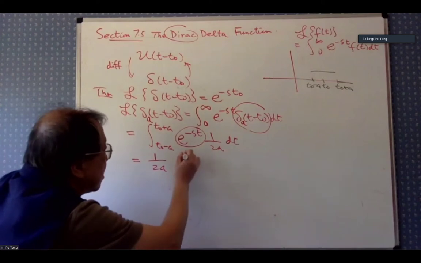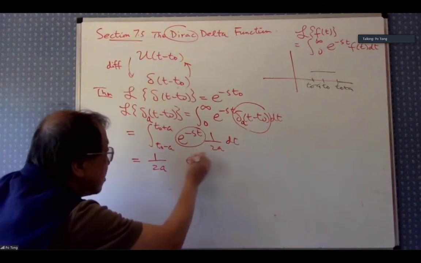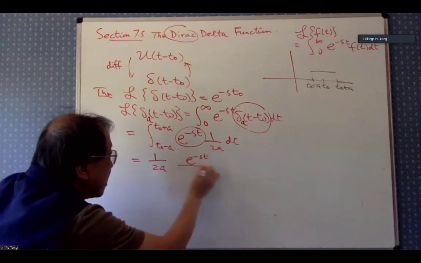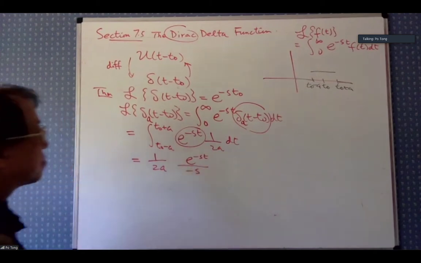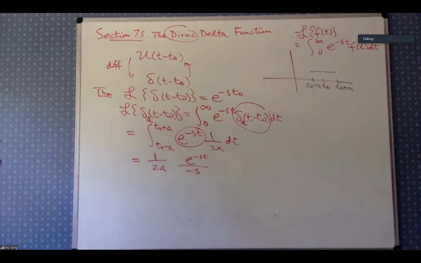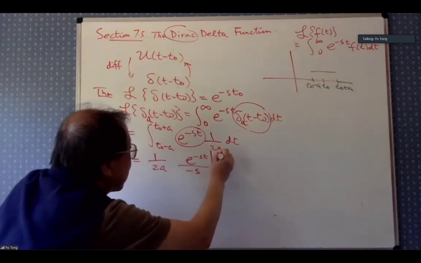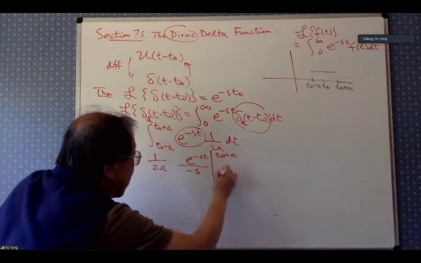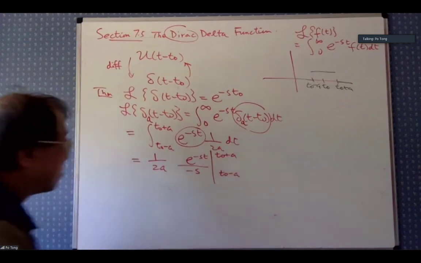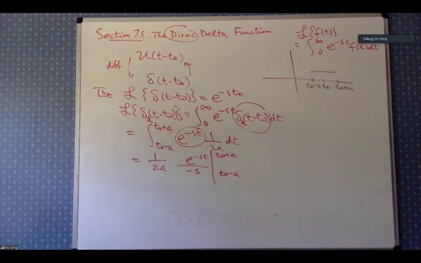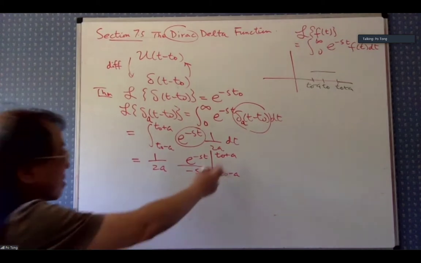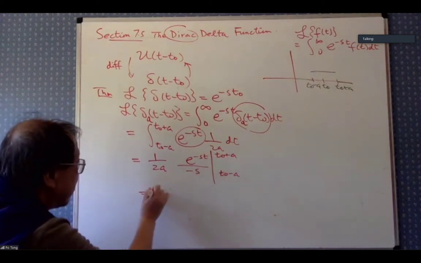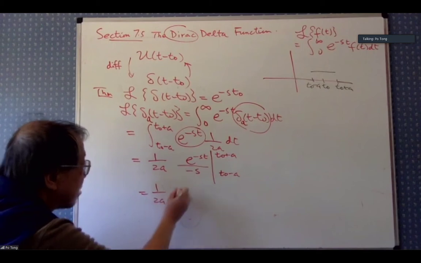It will be itself divided by negative s. And then you have to evaluate at the upper limit and the lower limit. It's just a bunch of tedious calculation, guys.